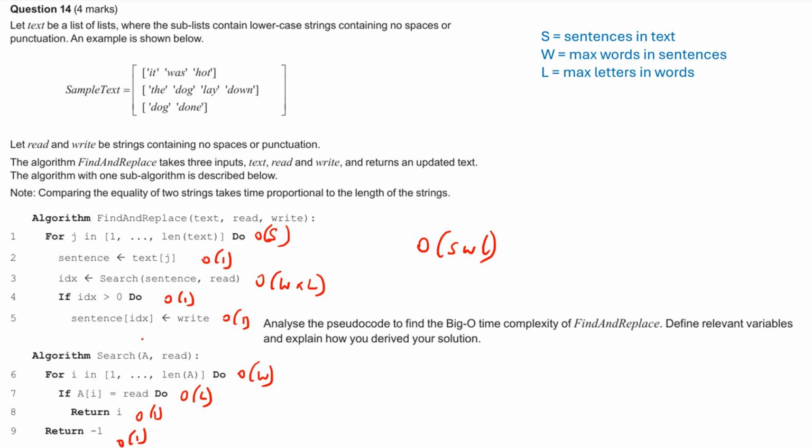And so we probably want some kind of explanation there. I mean, it's hard to really go beyond that, but line 3 is called S times, and we'd say something like line 6 is called W times, and so on.